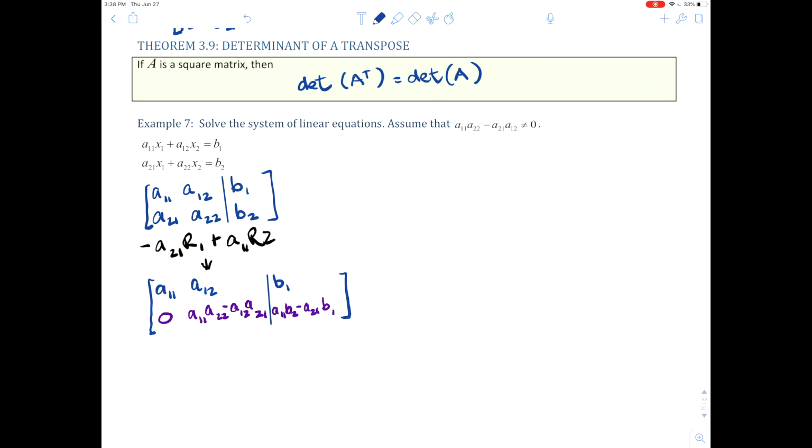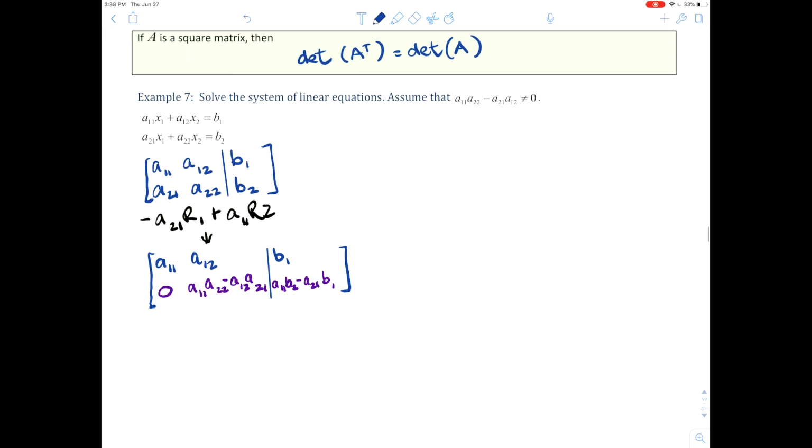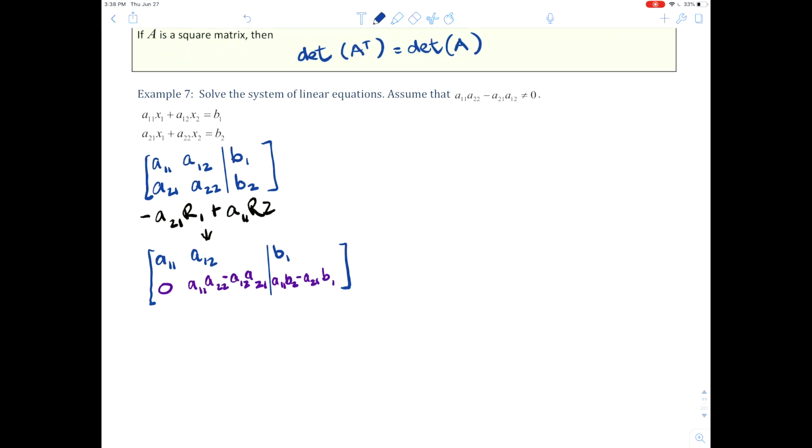Well, we've got reduced echelon form, right? I mean, we could go ahead and zero out where the A12 is, but it might just be easier to work with it from here. So let's see what we've got. Putting this back in terms of a system, we would have A11 x1 plus A12 x2 equals B1.